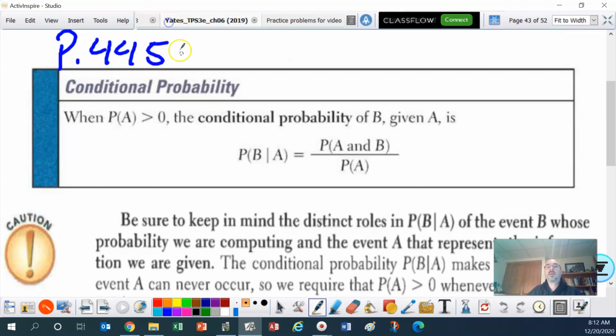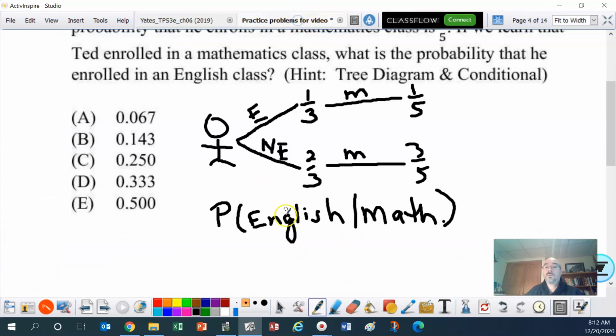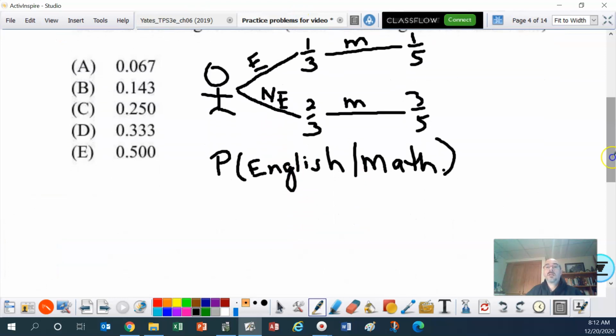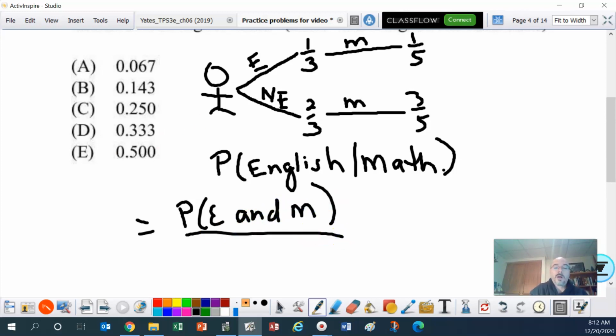Let me pull this back in. Remember, conditional probability is this, folks: the probability of B given A is the probability of A and B divided by the probability of A. So with what I have here, I'm going to take the probability of English, I'm going to use E, and math, divided by the probability of math.